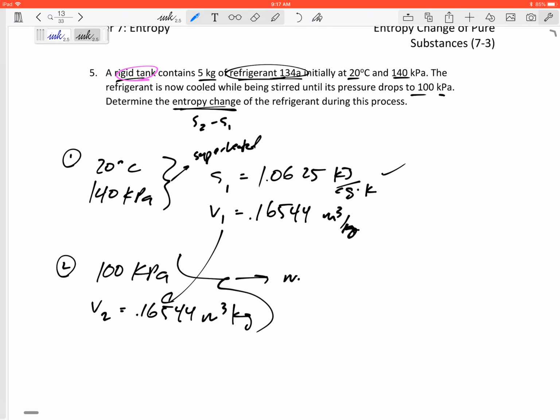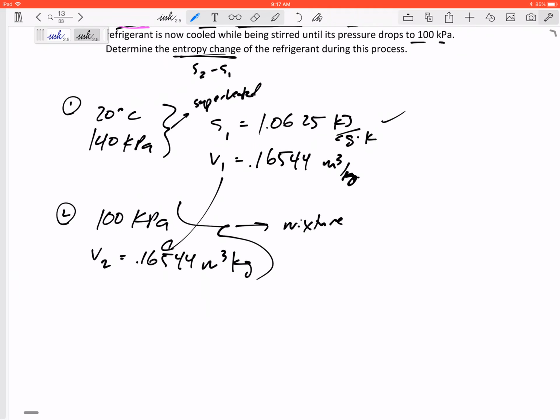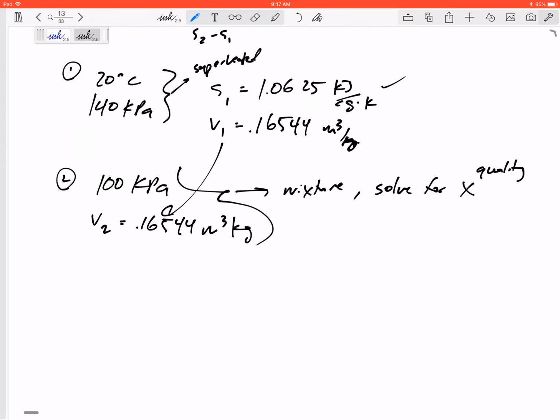So this is a mixture. First I'm going to solve for quality. Then if I know quality, I can find the entropy.